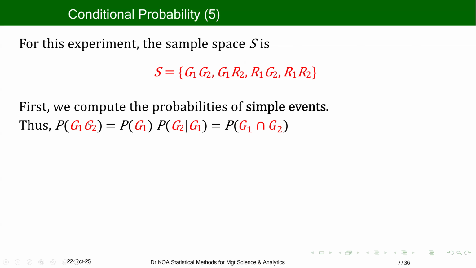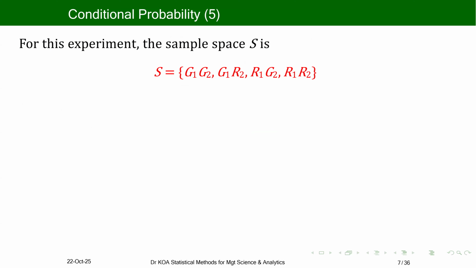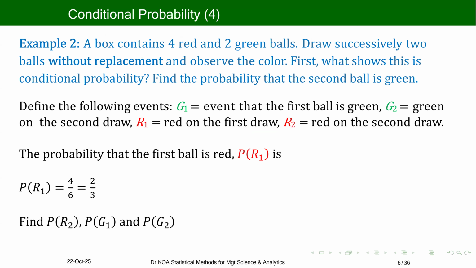I can define the probability that the first draw is green and the second draw is green. This is the same as the conditional probability of G2 given G1, multiplied by the probability of G1. And this is what we normally call the intersection. Just remember this.